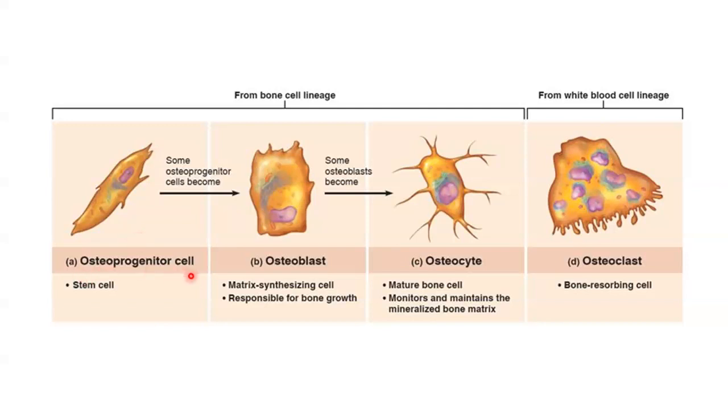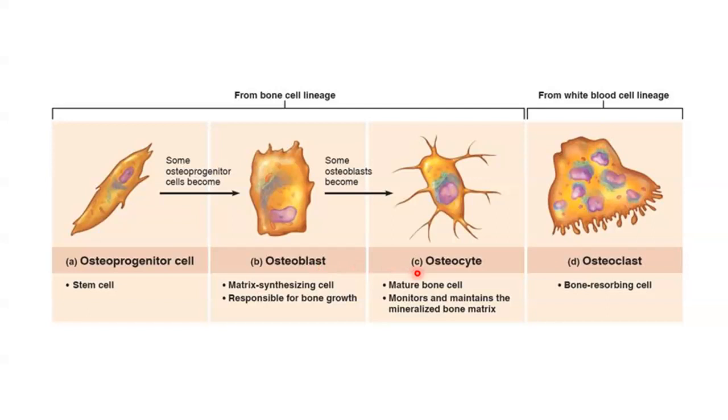Looking at the name of that cell, ost means bone, o is that combining word, progenitor means where something originates from. So an osteoprogenitor cell is where bone originates from. Osteoprogenitor cells will then develop into osteoblasts, and we've talked a little bit about osteoblasts already. So ost means bone and blast is an immature bone cell. So osteoblasts are our functional immature bone cells.